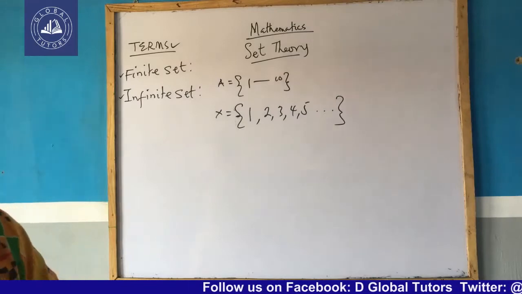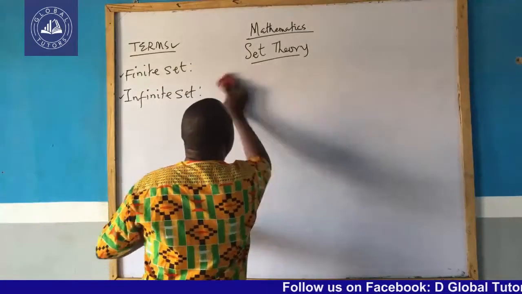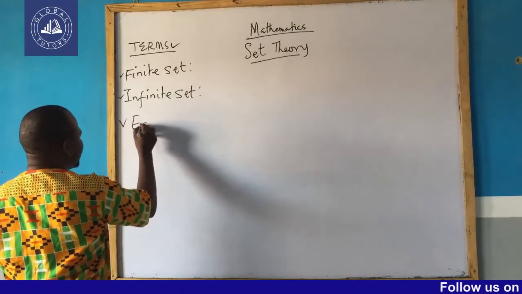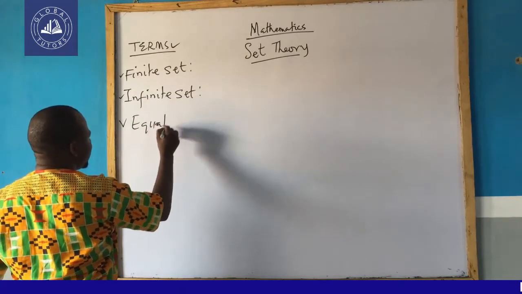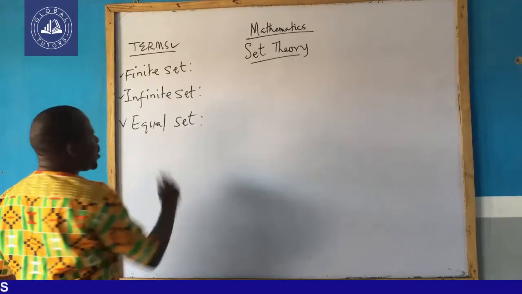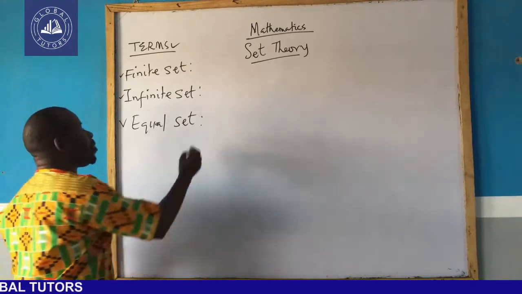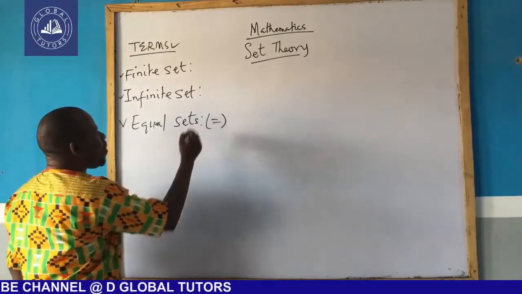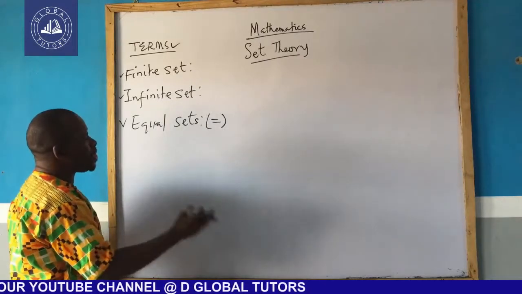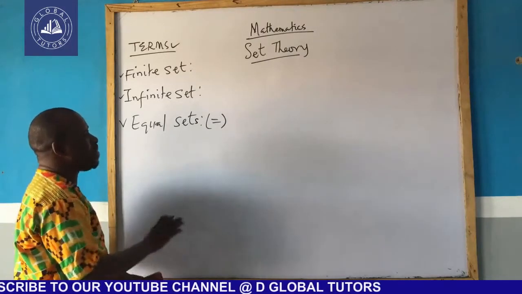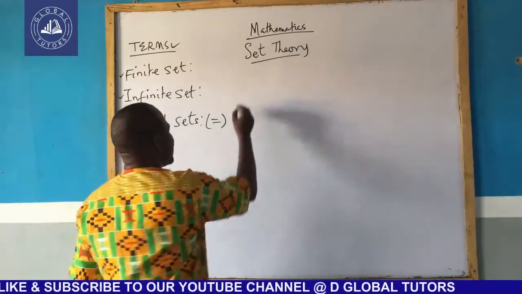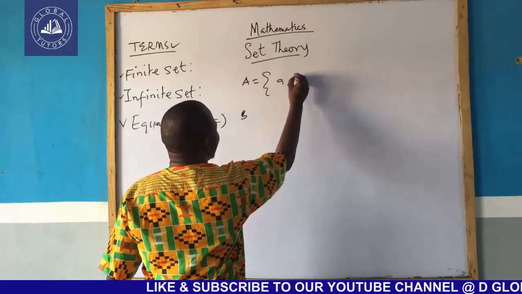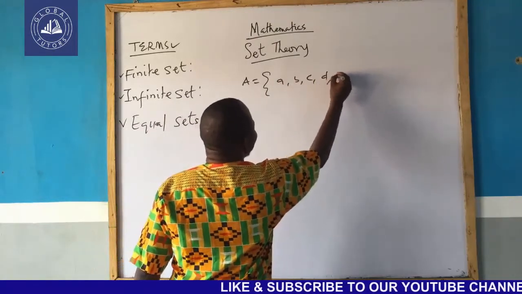Now, the next term I will look at is equal sets. Now, in mathematics, you already know the sign for equal to. Two or more sets are said to be equal if they contain the same elements. Let me give you an example. You have A, you have B. Set A is {A, B, C, D, E}.